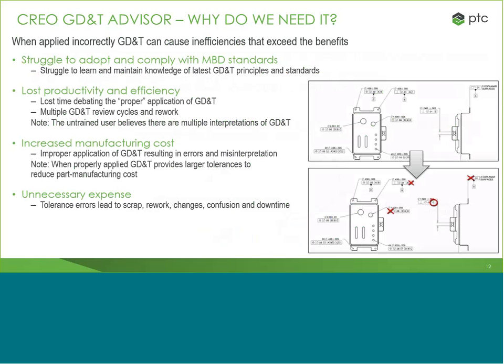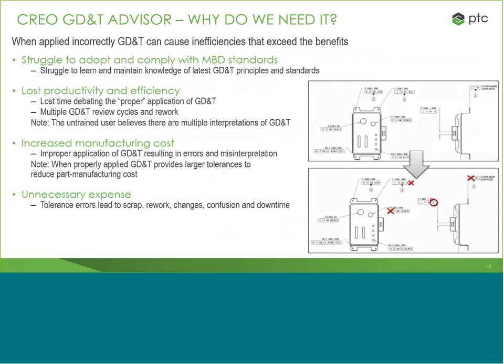So as a user, if I'm not up to speed on the latest standards, what I can be doing is creating the GD&T incorrectly. And because I'm creating it incorrectly and I don't necessarily know everything about it, in most companies that are doing this, you have users that believe there are multiple ways to interpret GD&T. So rather than simply create it and move on, you have this big debate going on about what is the proper application.